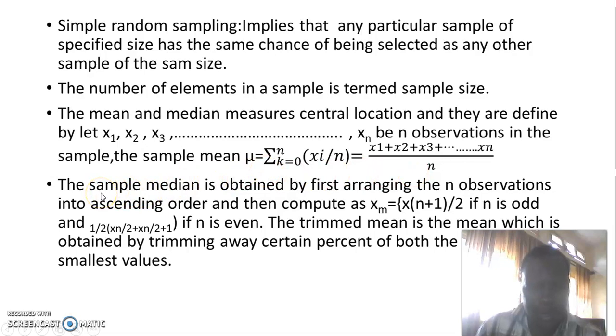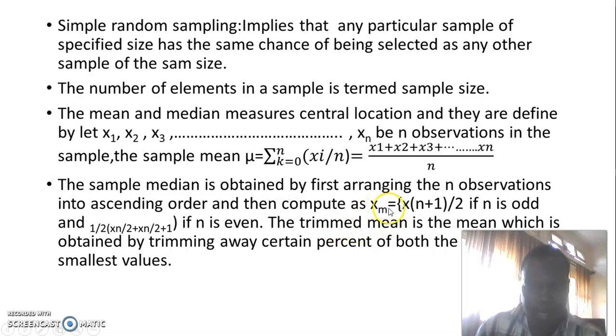The sample median is obtained by first arranging the n observations in ascending order, starting from the smallest value up to the largest value. Then you compute the median depending on certain conditions. 1.